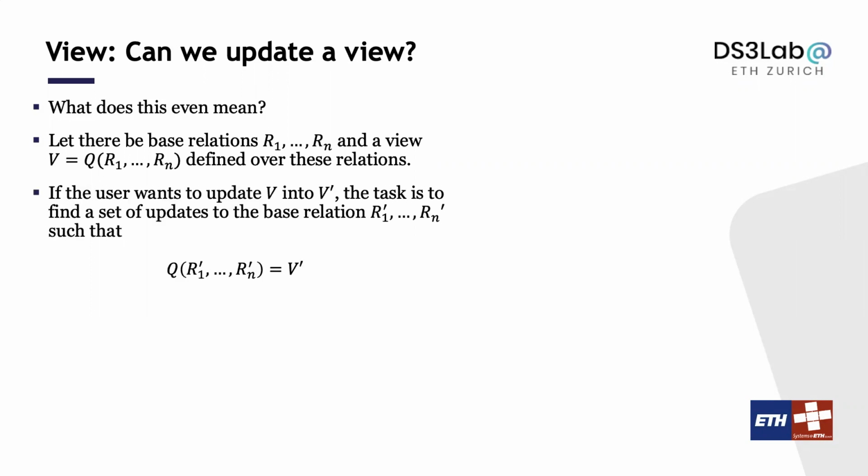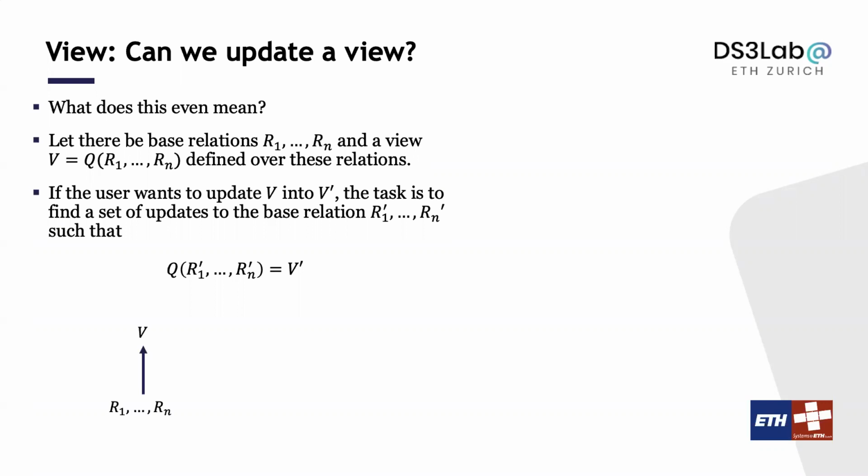If the user wants to update this view, for example, from V into V prime, essentially what we are trying to do is find a set of updates to the base relations, turning them into R1 prime to Rn prime, such that if you evaluate the query Q over R1 prime to Rn prime, you get V prime. So this is just what it is.